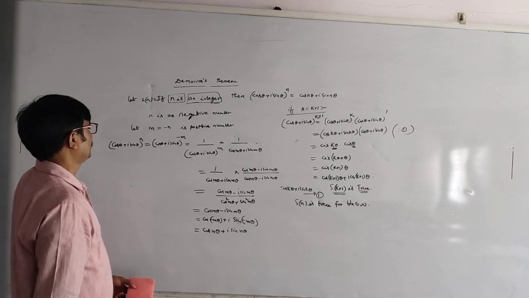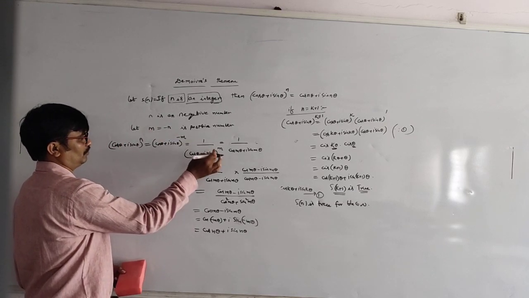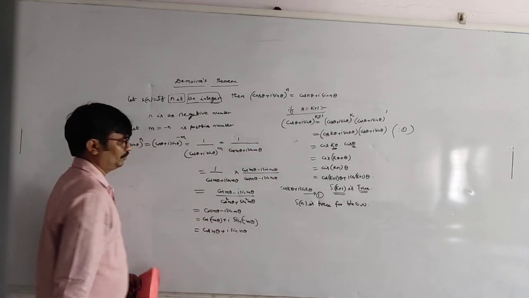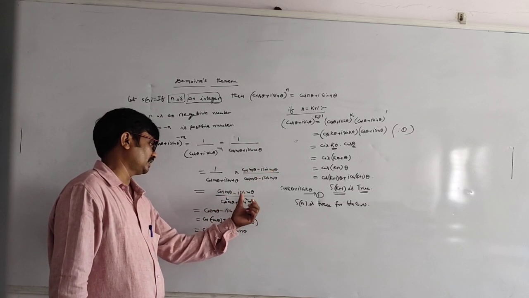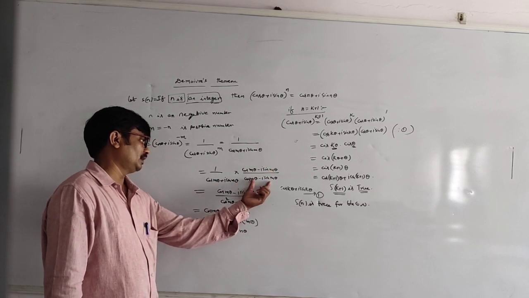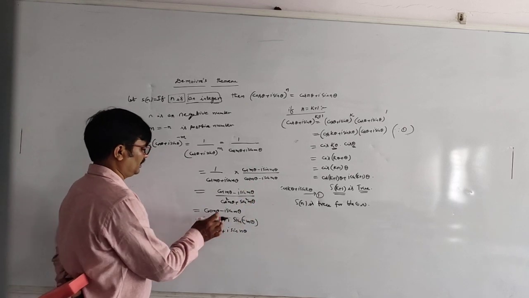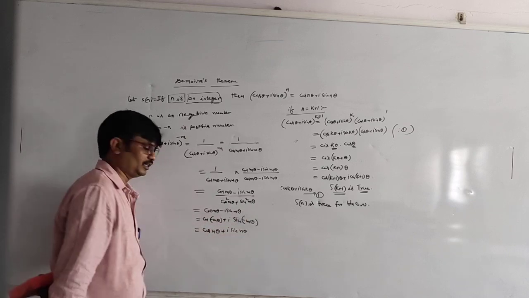So students, how can you write this, replaced by n is minus m, plus cos m theta plus i sin m theta. After the rationalization, cos m theta minus i sin m theta, a plus b into a minus b, a square minus b square. Now students, we can write it as cos of minus m theta plus i sin of minus m theta.